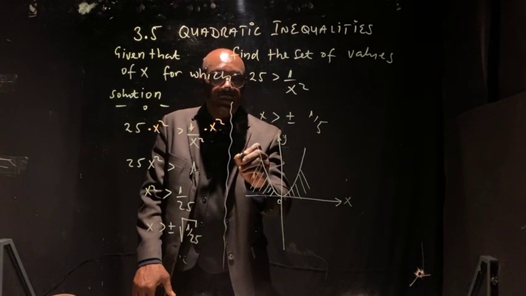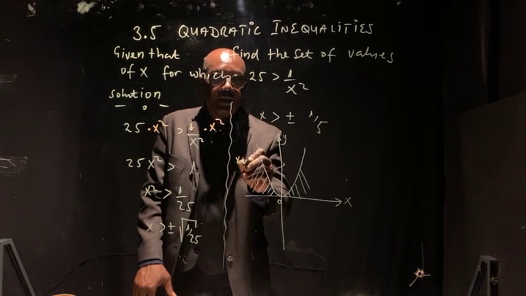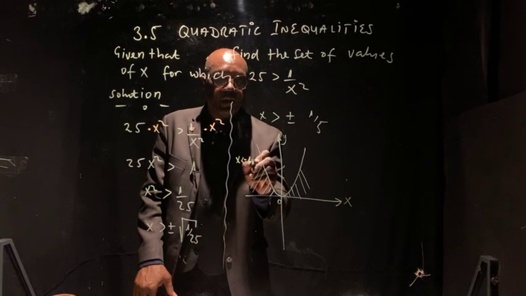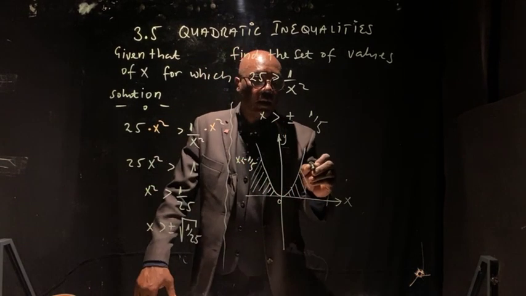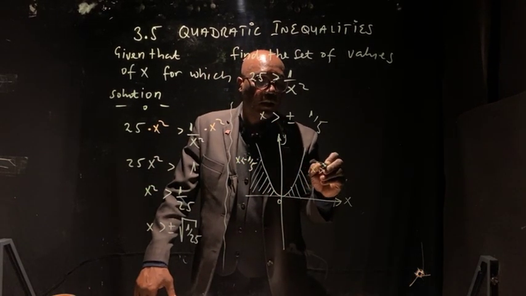Here x is less than minus 1 over 5, and here x is greater than 1 over 5.